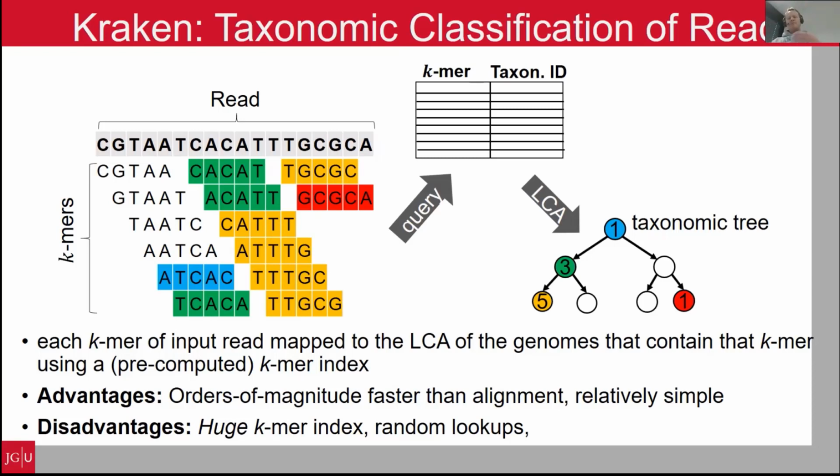It's called Kraken. It takes every k-mer of a read, queries this database, gets out taxonomic IDs, builds a taxonomic tree, and then looks at high values in this taxonomic tree, like this orange 5 here, to classify that read as a certain genome. This approach proved to be much faster than the alignment-based approaches.